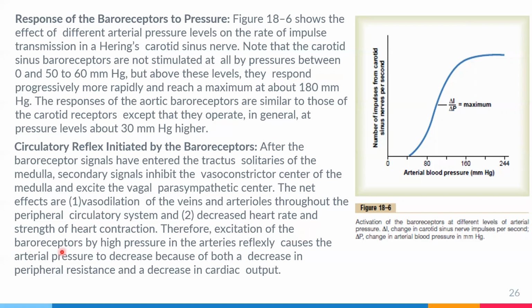Therefore, excitation of the baroreceptors by high pressure in the arteries reflexively causes arterial pressure to decrease because of both a decrease in peripheral resistance and a decrease in cardiac output. This is how baroreceptors help in sensing and regulating the increase in arterial pressure.